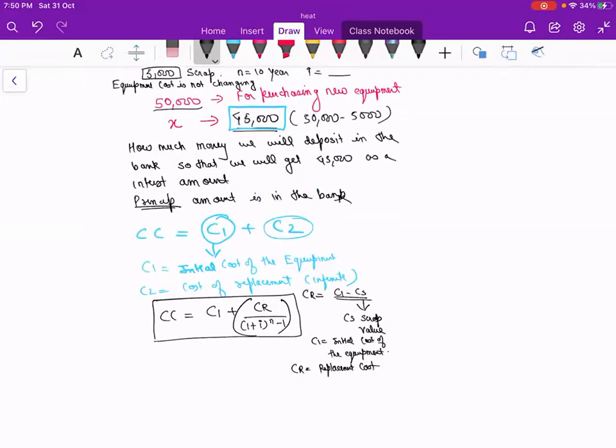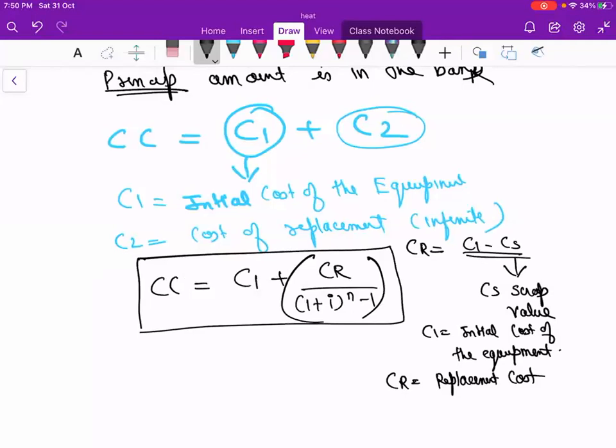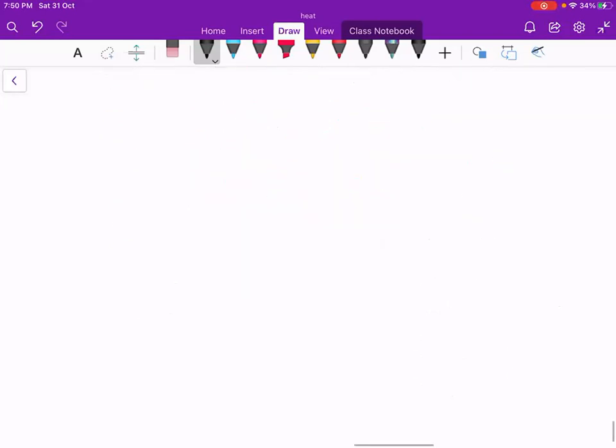Again I will explain all the things. Just write this formula, take a snapshot. So write the question.